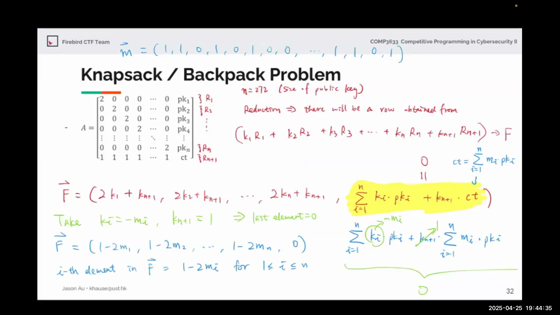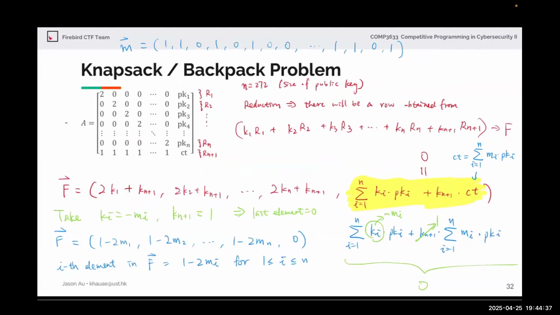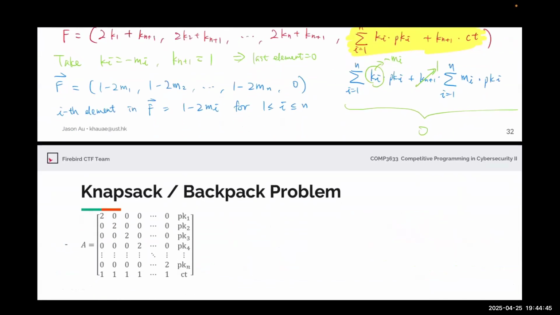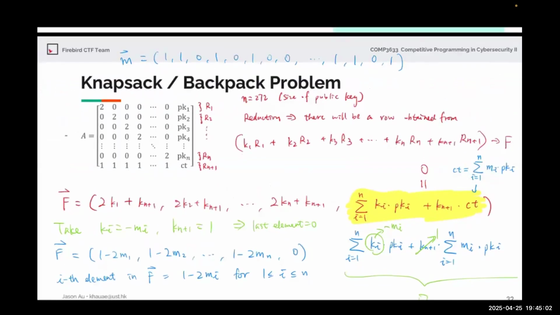Maybe I don't have enough space. Let me add another page after. Okay, so if we have this, the ith element is this, and we can put in some substitution, because we know that the message vector only contains 1 and 0.